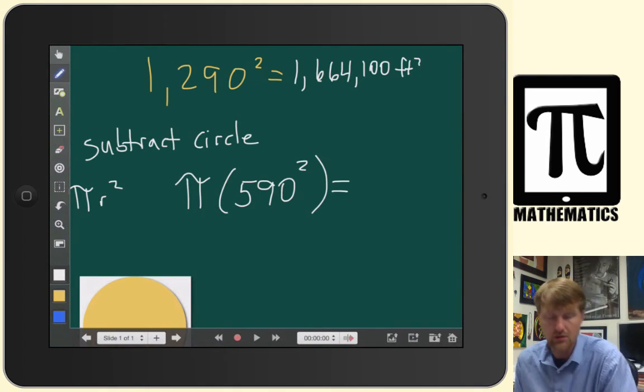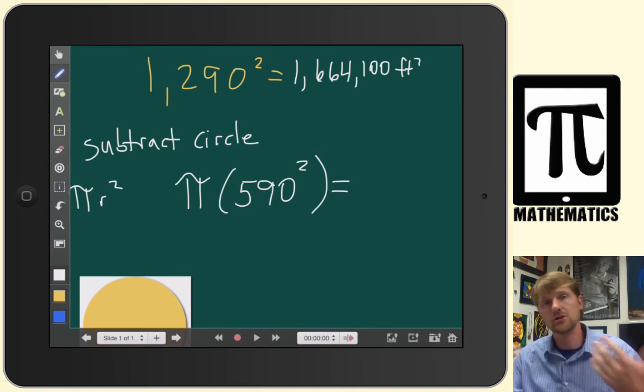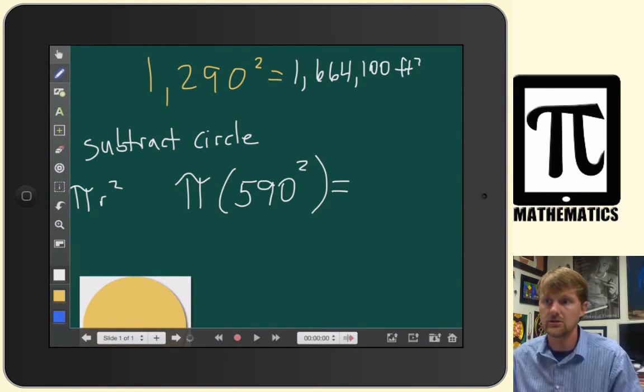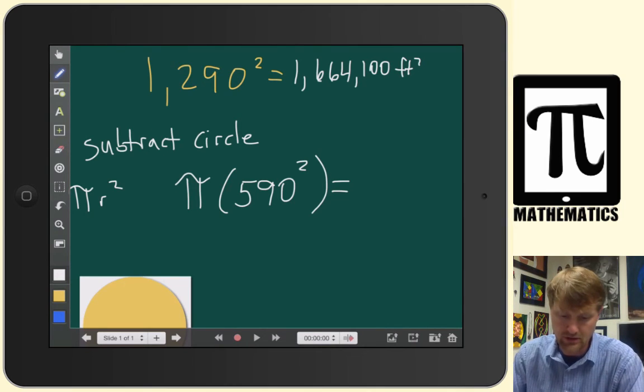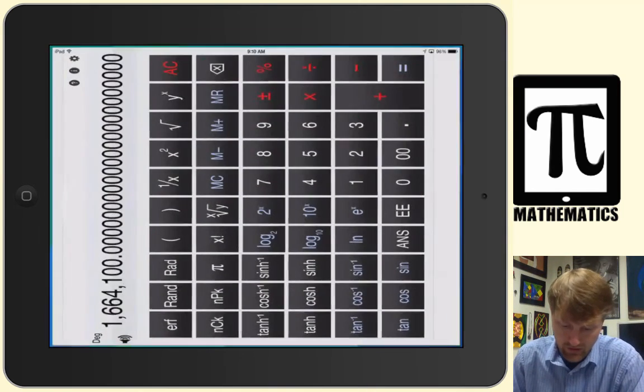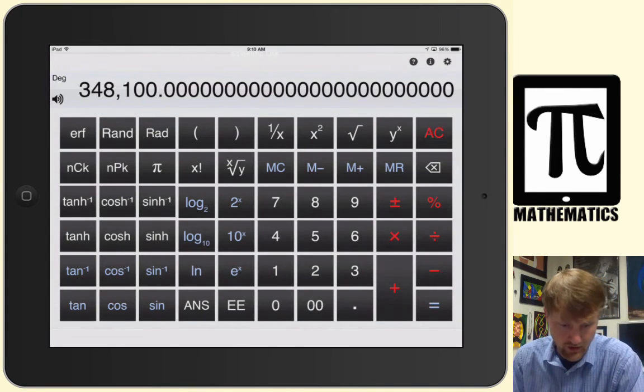And you can use 3.14, but because we're working with such large numbers, we want to get students to start using this, where calculators are really good to get more exact answers, to where you allow students to go off to a number of significant digits so that the error is not magnified by the multiplication of large numbers. And we have our 590. We're going to square it, and then we're going to multiply that times pi.